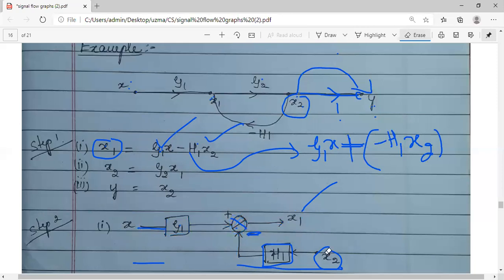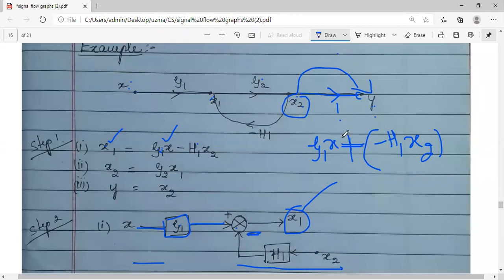Fine. So this is for the first equation. Let me repeat it one more time. It is very simple. As your given equation has RHS side x1, so output is x1. From where it is coming? x1 के लिए output कहाँ से आ रहा है? You have two combinations here. One is this signal x into g1. So from x point, x is one signal variable, and you have g1 gain. So take a block, put inside g1.